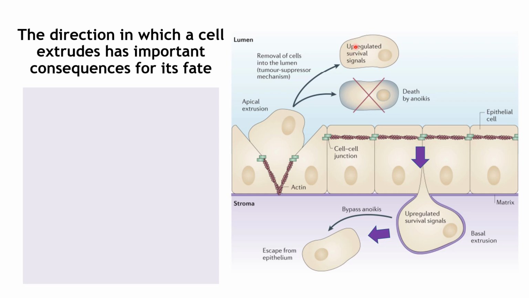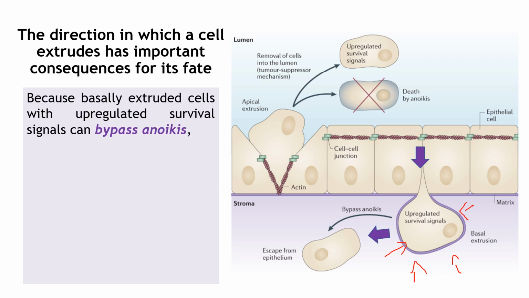But if they extrude basally and have mutations there that upregulate survival signals, they are going to be in the stroma, in the extracellular matrix, where they can continue amplifying these survival signals, as we talked about in previous classes. So they are able to bypass this type of cell death and escape from the epithelium.